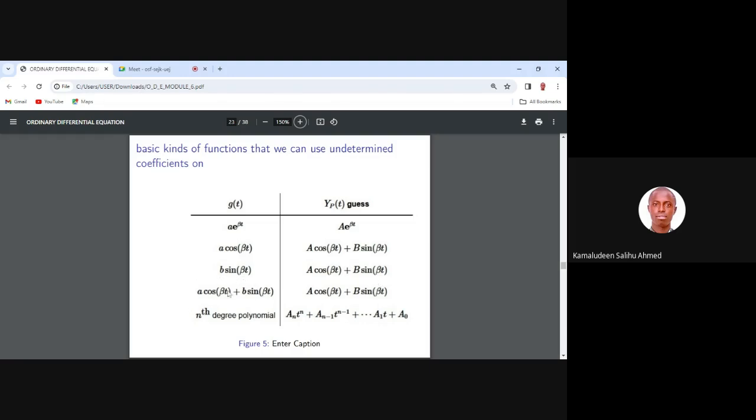Okay, so now when you have the combination of the two, you have cos and you have sine. So the guess will be what? It will still be a cos beta t plus b sine beta t.